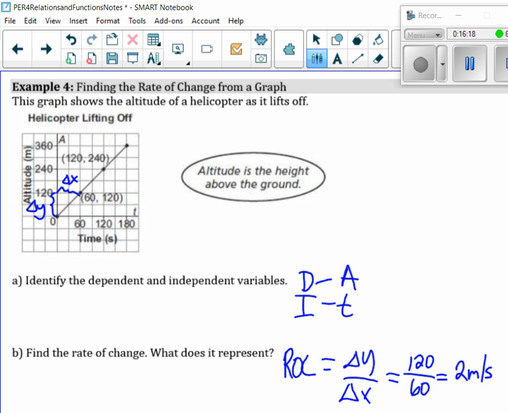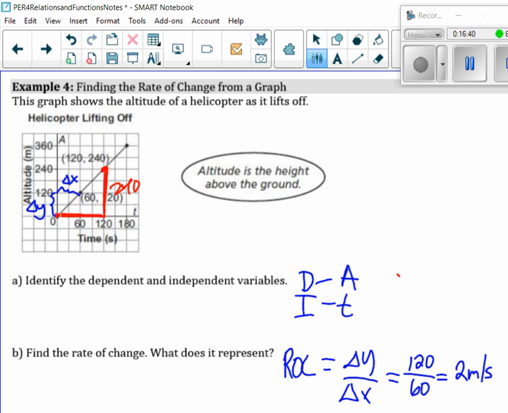Okay, so I'm going to show you a different way. I'm going to do it in red here. Does everybody see I could use this one and measure it? Do you see what's the change here for my y? 240. And what's my change here? 120. Do you see I would still get 2? It doesn't matter which 2 points I pick.